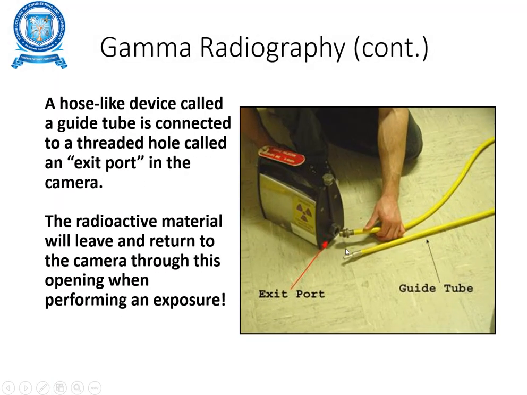Here you have a hose-like device called a guide tube, which is connected to the threaded hole called the exit port in the camera. This is the camera unit. And the radioactive material will leave and will return to the camera through this opening when performing an exposure.